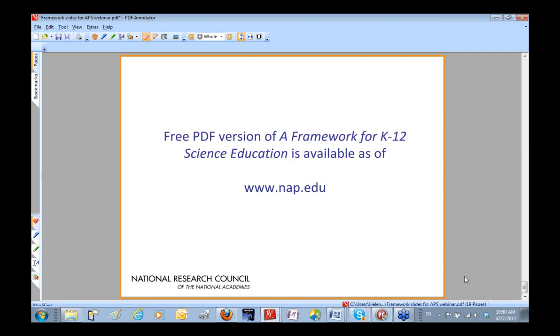There is talk about doing such a thing around science, and folks on this call may well, and perhaps through the American Physical Society, may be interested in helping build such a coalition as there become the next generation science standards. Yeah, I think we will need coalitions to do the work, and we will need lots of people both volunteering and, I hope, finding some ways to fund some of this work.